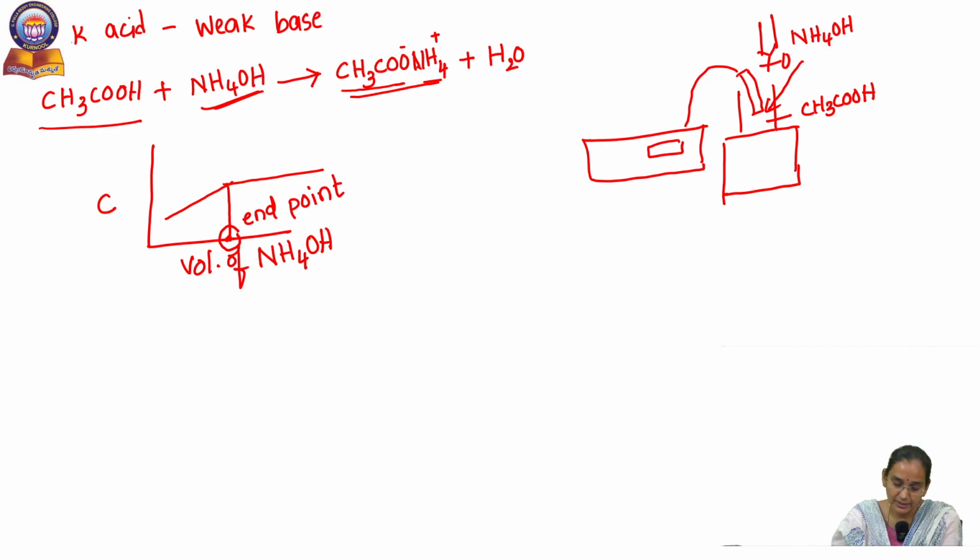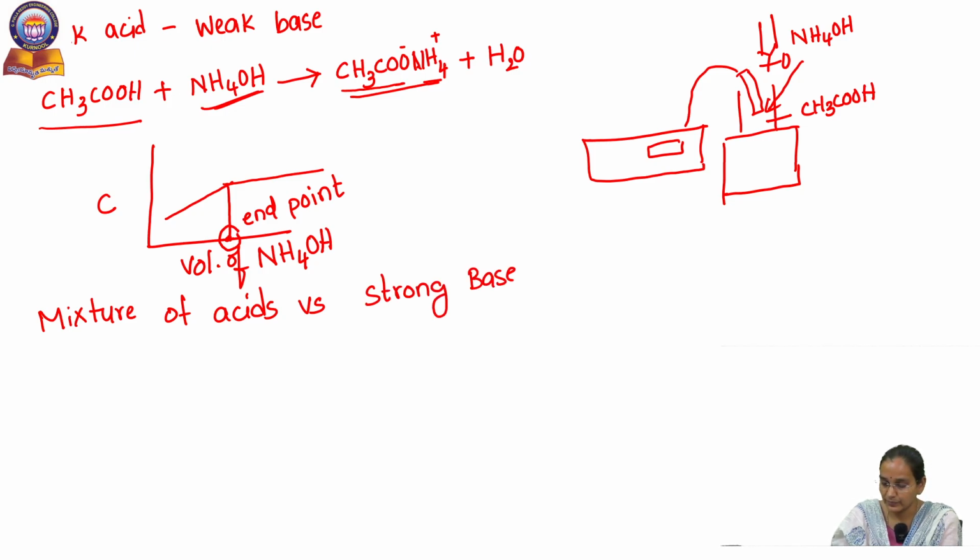Coming to the another scenario, mixture of acids versus strong base. If we add both strong acid and weak acid and it is neutralized with strong base like NaOH, what happens?